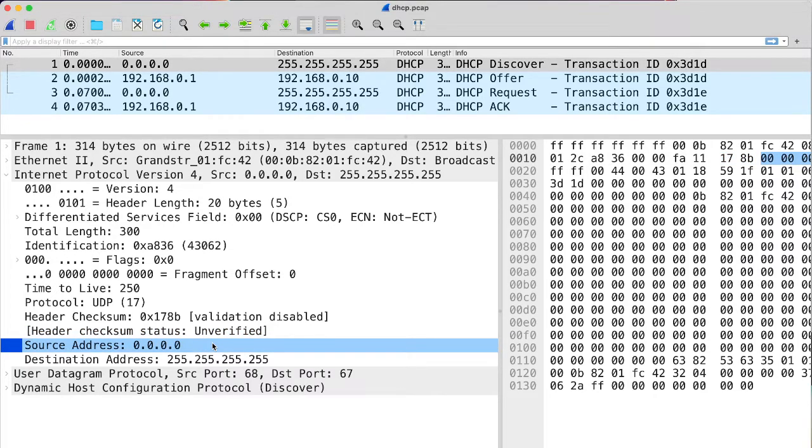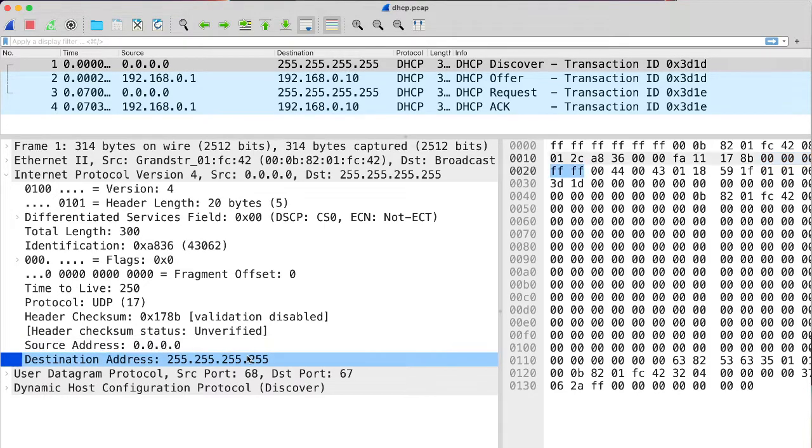And here, as we mentioned before, for a DHCP client, because you don't know what your IP address is, you simply put 0.0.0.0 in your DHCP discover and DHCP request message. And because you don't know the IP of your DHCP server, you simply use a broadcast IP address right here.